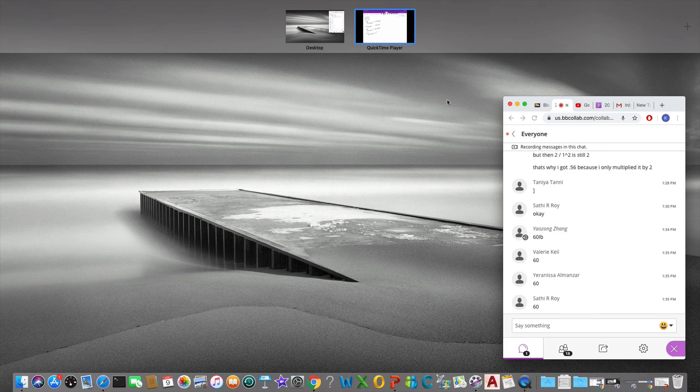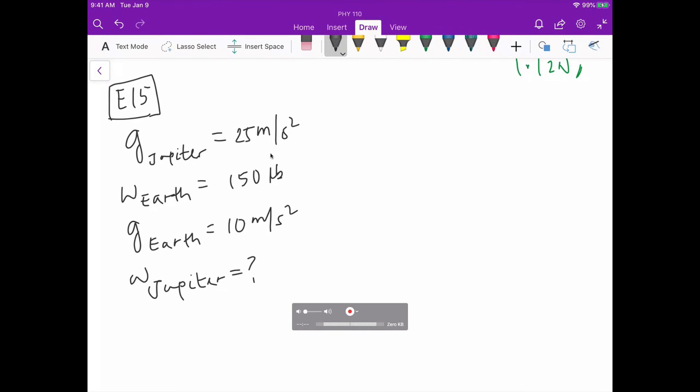Anybody else? So first of all, will the lady be lighter or larger on Jupiter in terms of weight? Look at Jupiter's gravity. You know that the mass never changes, right? If the mass never changes, then the higher the gravity, the larger the weight, right?